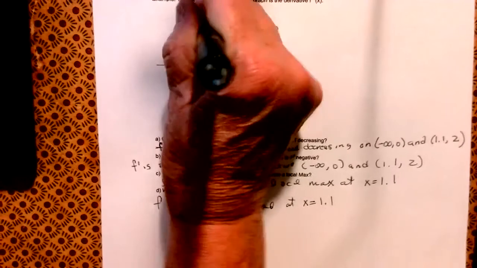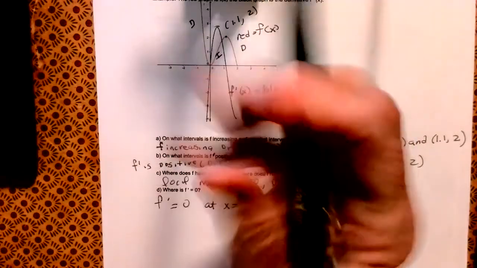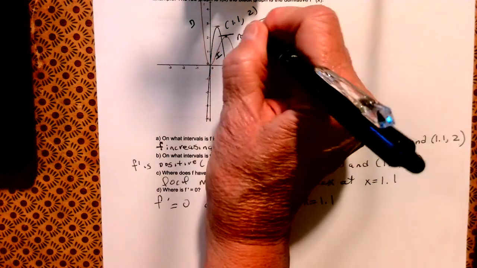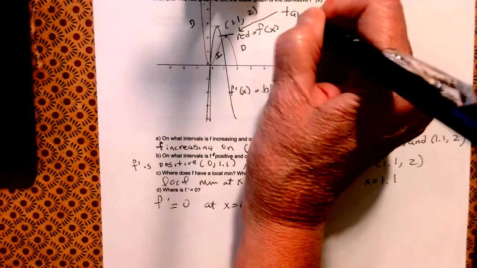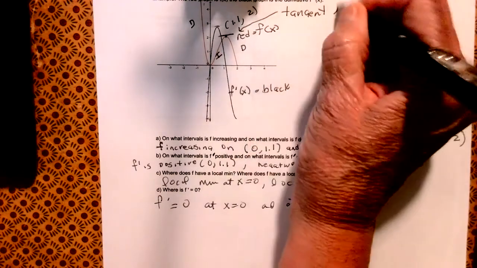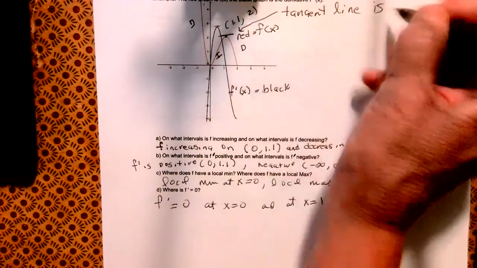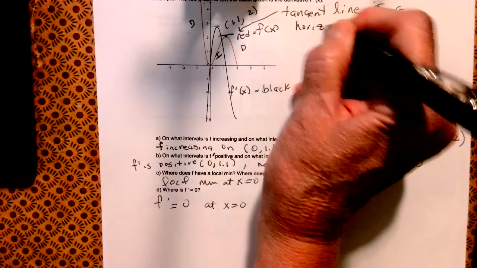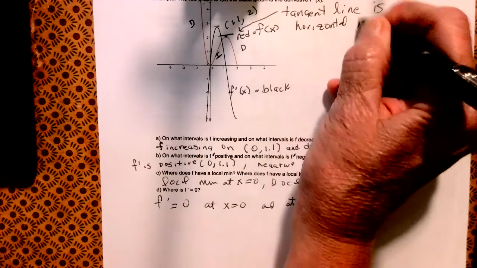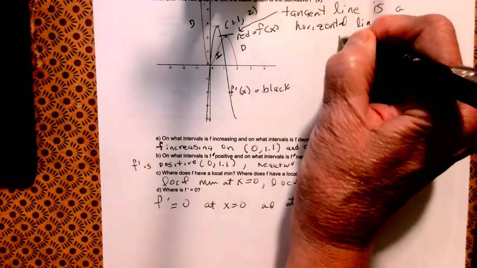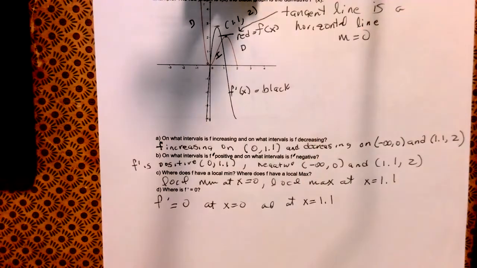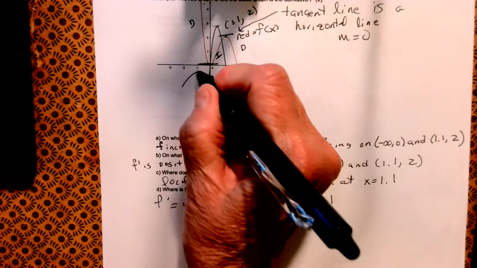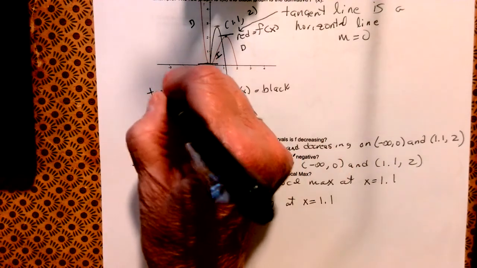Right here, this is where we've got a local max, and the tangent line right there is a horizontal line. And if you remember back from college algebra, what's the slope of a horizontal line? It's 0, okay? And then likewise right here at this local min for f, the tangent line is horizontal.